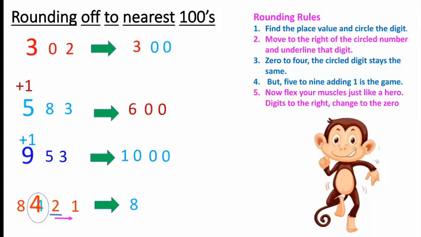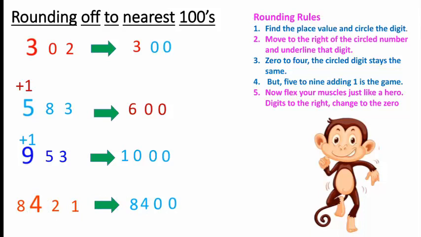So the circle digit will also be written as it is. Then the other digits which are present towards the right side of your circle digit will be written as 0. So this 2 which was underlined is written as 0, and this 1 also will be written as 0 only.